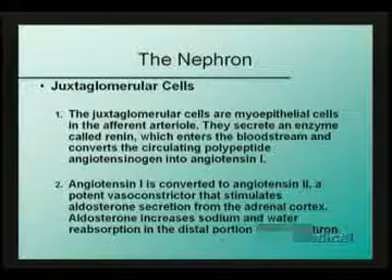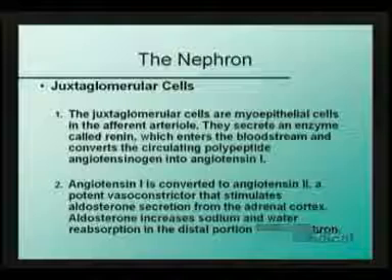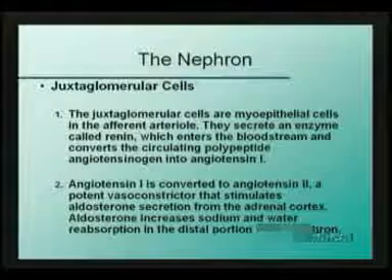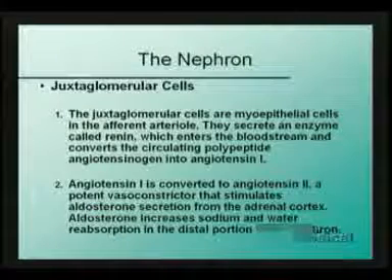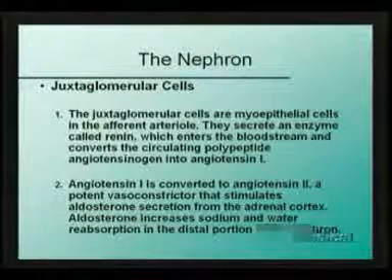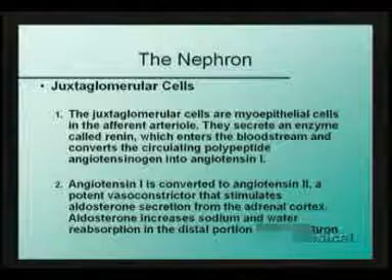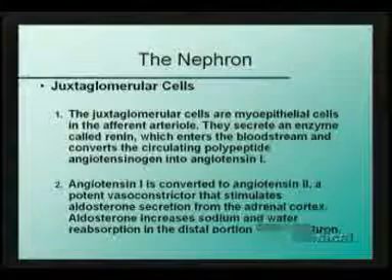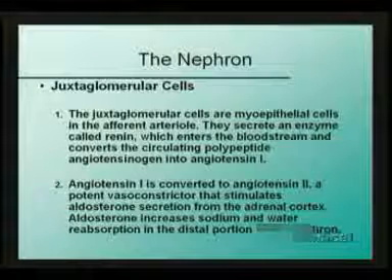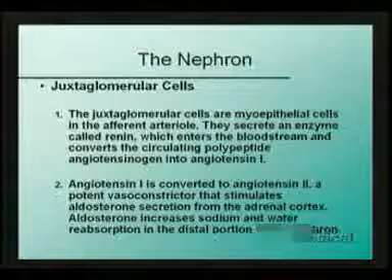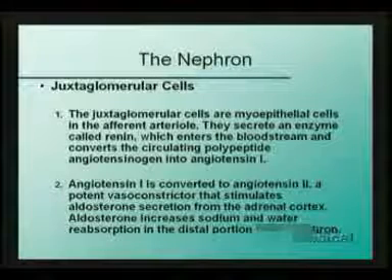Functionally, the juxtaglomerular cells are modified myoepithelial cells, which we've seen in the wall of the afferent arteriole. Their job is to secrete renin, which converts circulating polypeptide angiotensinogen into angiotensin 1. And then subsequently, AT1 is converted to AT2, which is a potent vasoconstrictor that stimulates aldosterone secretion from the adrenal cortex.